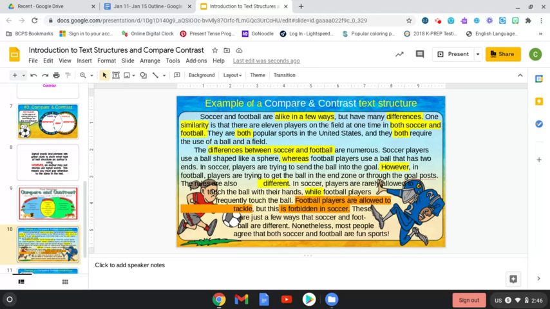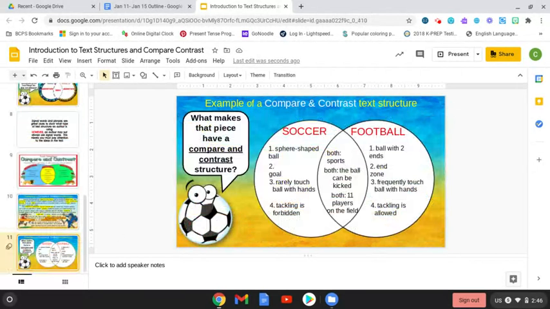The big purpose of this writing was to show you how they were alike and different. So that shows you it's clearly a compare and contrast text structure because the author wanted to show you similarities and differences. And here is just a Venn diagram.